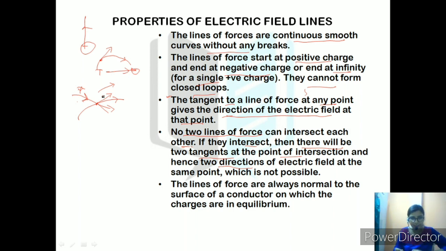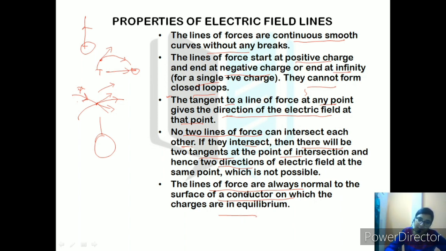Another property is, if this is the conductor, then lines of force will be normal to the conductor. Lines of force are always normal to the surface of a conductor on which the charges are in equilibrium.